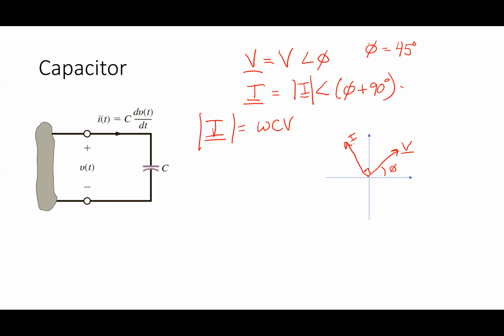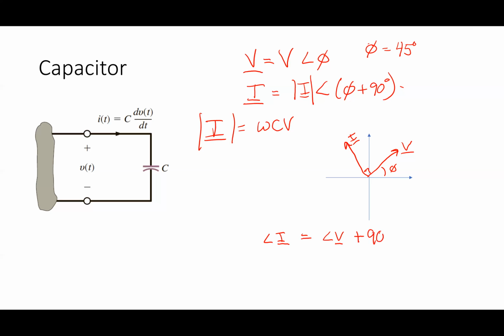Here's I. So basically what I see in this picture is some relationships. What appears to be true about the angle of I and the angle of V? What is the relationship that is always going to exist between those angles? They will be 90 degrees apart.